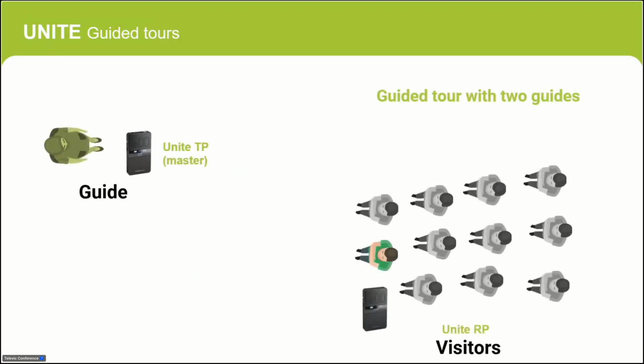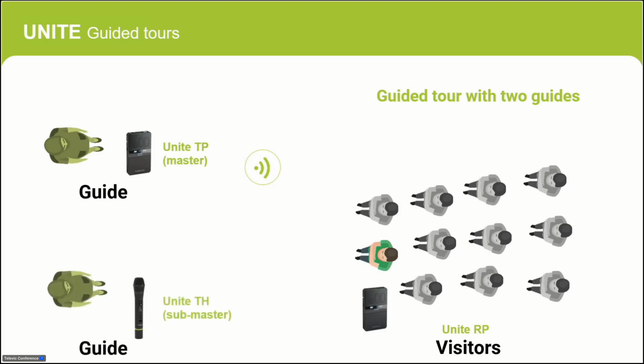Do you remember this use case? The guide uses a Unite TP. It is configured as master in the group. Now, I can add one transmitter, for example, a TH, and I can give it to another guide. But before, you need to change the mode to submaster.